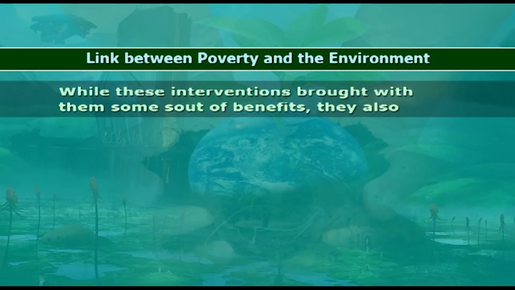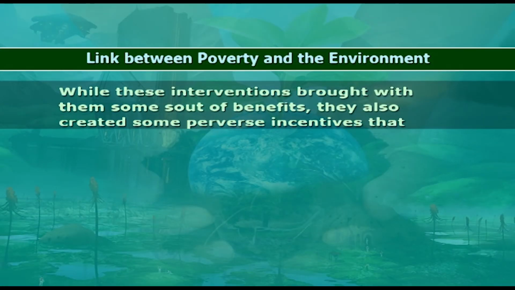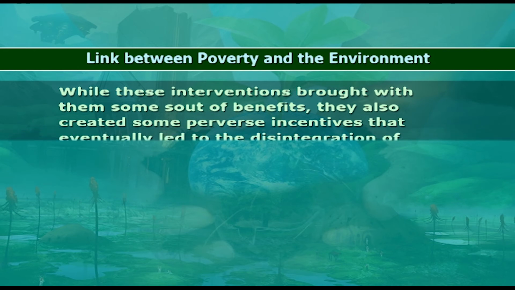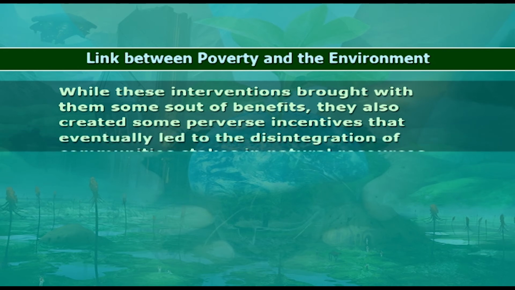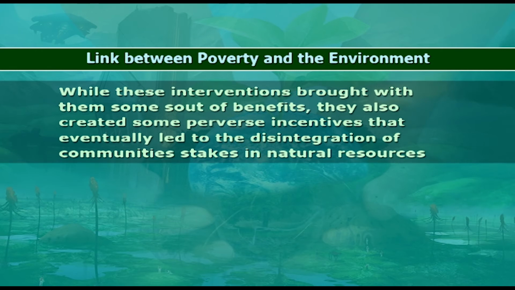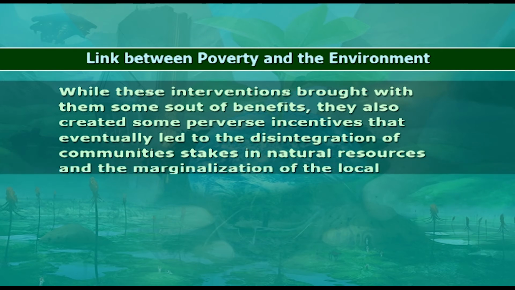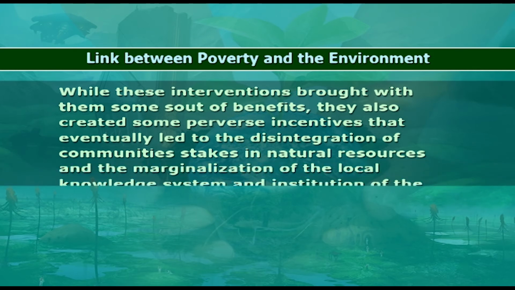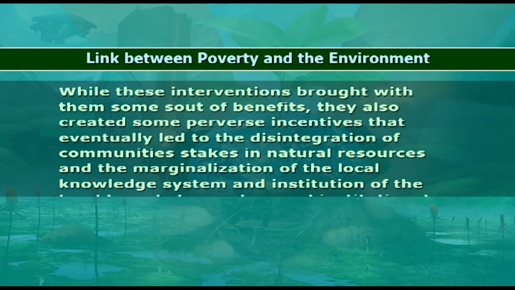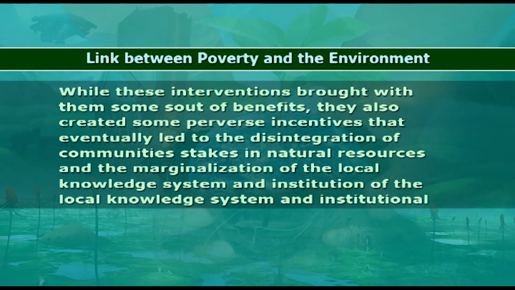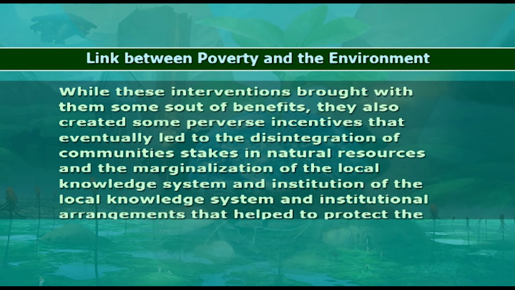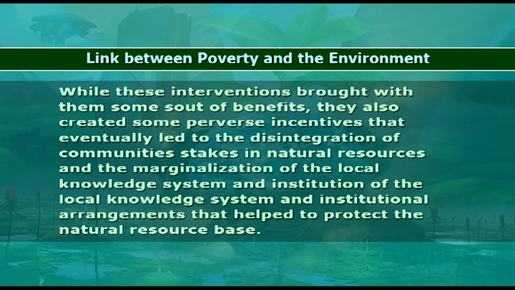While these interventions brought with them some benefits, they also created some perverse incentives that eventually led to the disintegration of community stakes in natural resources and the marginalization of the local knowledge system and institutional arrangements that help to protect the natural resource base.